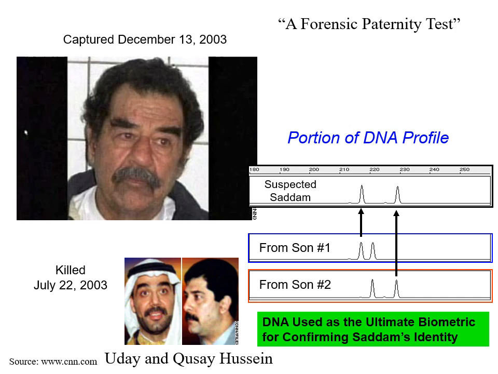And to provide the proof that the suspected man is indeed Saddam Hussein, they analyzed the DNA of Saddam Hussein's sons. And based on this analysis, they could confirm that the captured man is indeed Saddam Hussein.